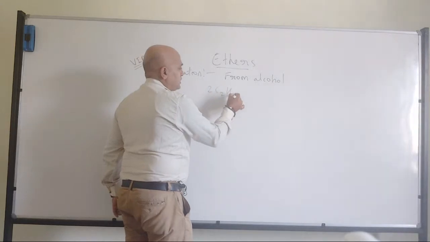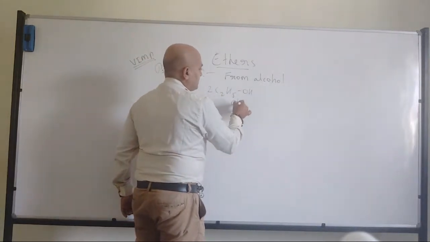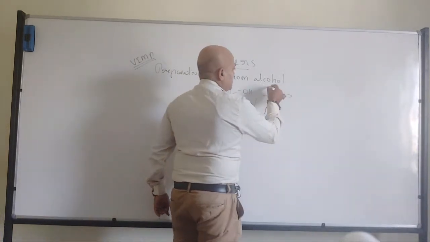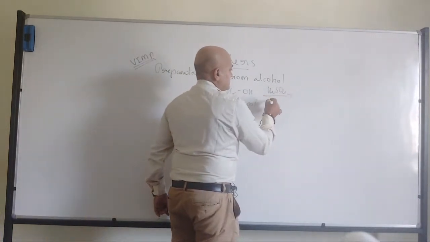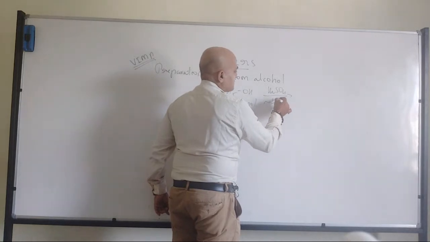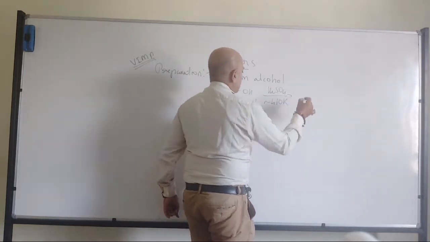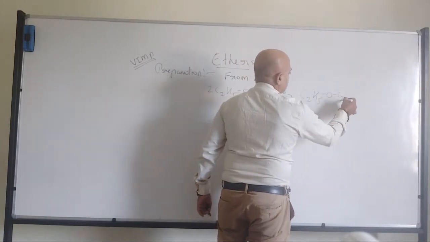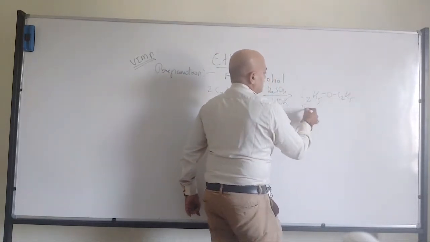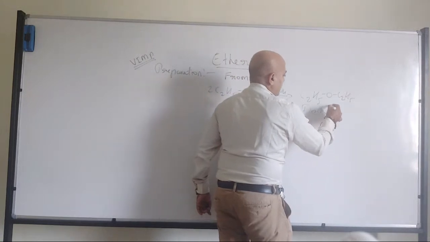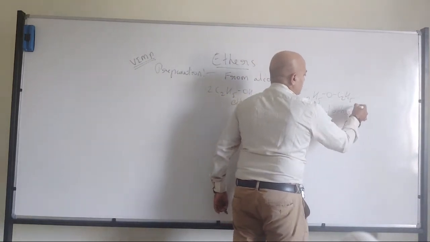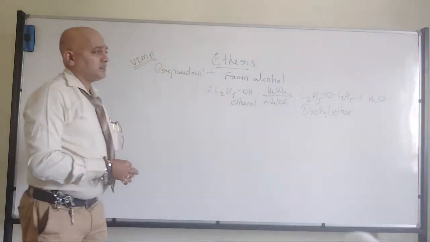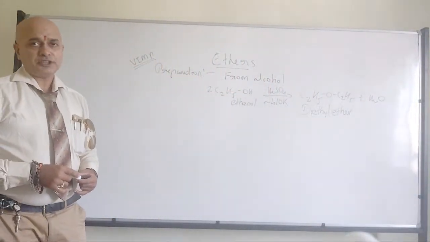So 2 molecules of ethanol in the presence of sulfuric acid, and the temperature can be somewhere around 410 Kelvin, there will be formation of diethyl ether plus water. That is the overall equation.